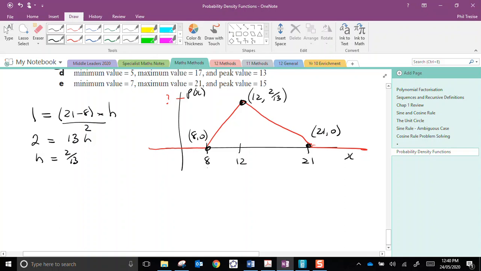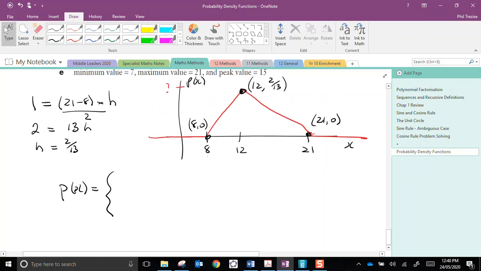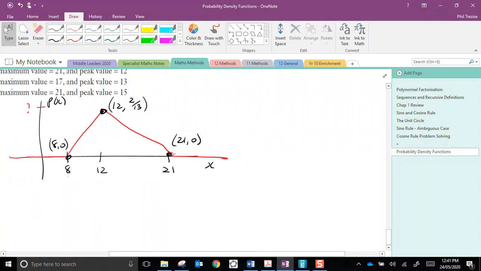Now, in order to give the probability function, we're going to have to give the equations of straight lines between these points. Now, there's 2 different straight lines to worry about. So here comes our probability density function. Once again, it will be a piecewise function. This first one, what have we got there? If I wanted to find the equation of a straight line running between those 2 points, let's go across to the side and do a little bit of working.